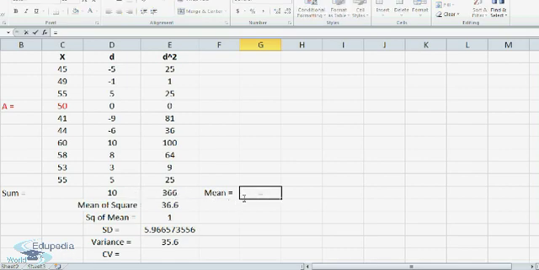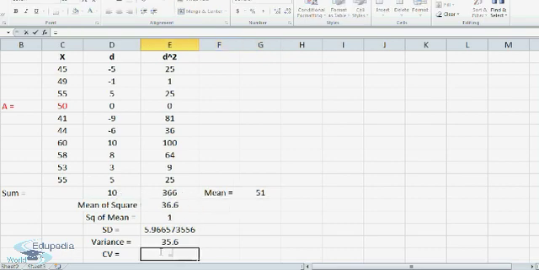So if you recall, the formula to find the mean using the deviation method is the artificial mean A, which is 50, plus the summation of di by n. So summation of di is 10 divided by the n value, which is again 10. So that gives me the mean, and the mean here is 51.